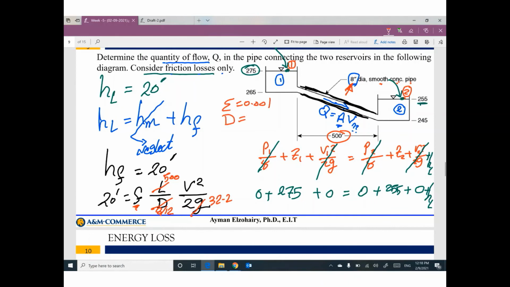Diameter in feet is 0.67 feet. So epsilon divided by D will be 0.0015.